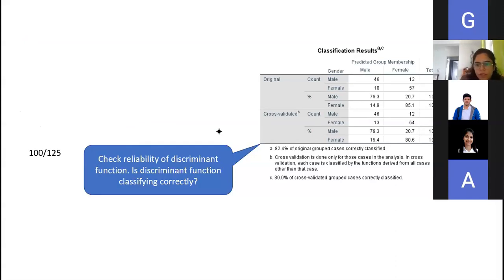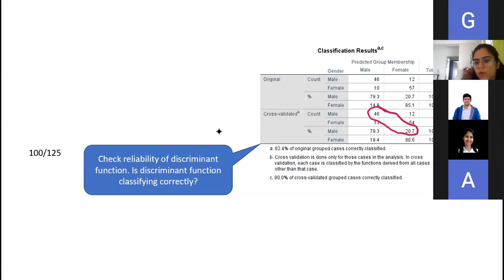So what is the hit ratio? Hit ratio is how many were originally in a group and how many you predicted correctly, just to check that. So here in cross validation, this is my hit ratio. Hit ratio is basically the diagonal elements divided by the total number of respondents.